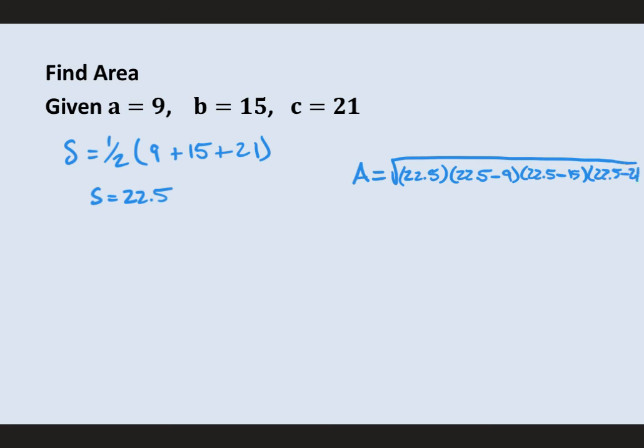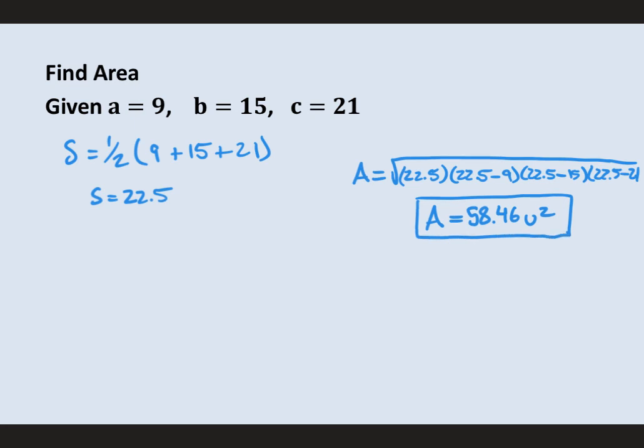We're going to multiply that all together in our calculator, and when we multiply it all out, we get that the area is approximately 58.46 units squared.